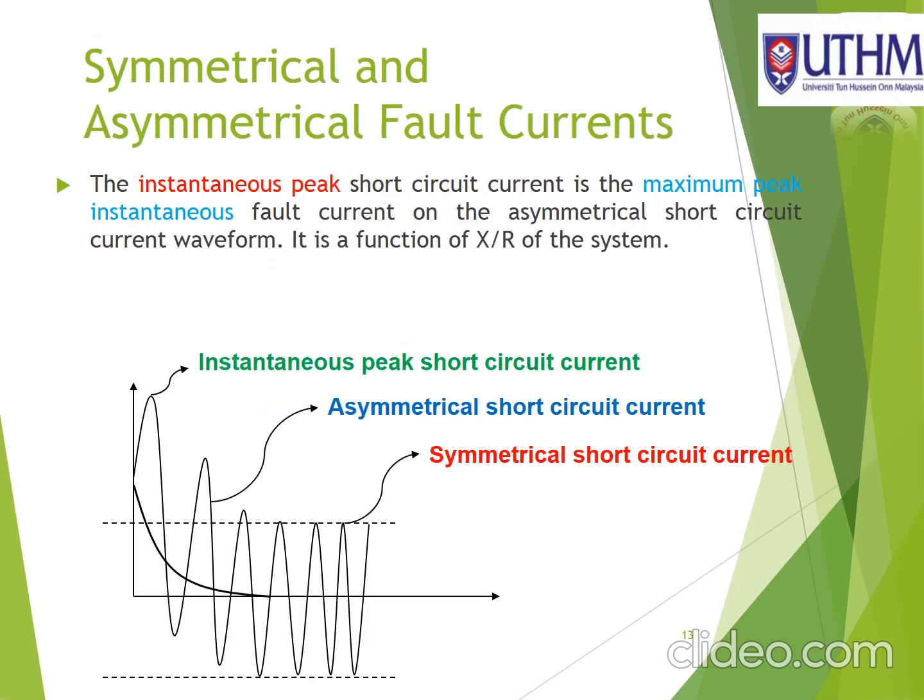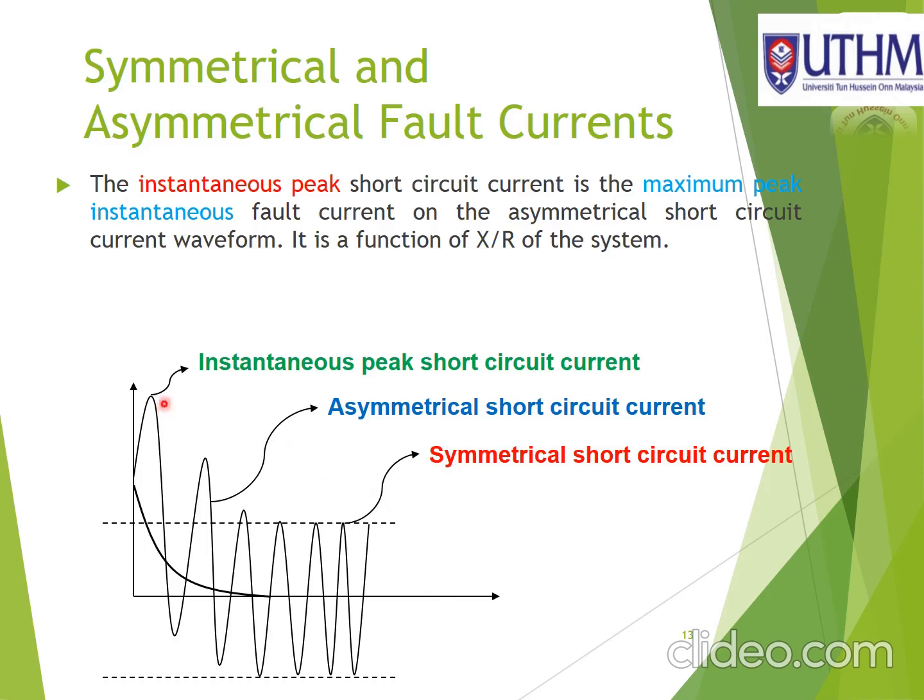The instantaneous peak short circuit current is the maximum peak instantaneous fault current on the short circuit current waveform. It is a function of the X/R ratio of the system. We can see from this waveform that there are three parts.